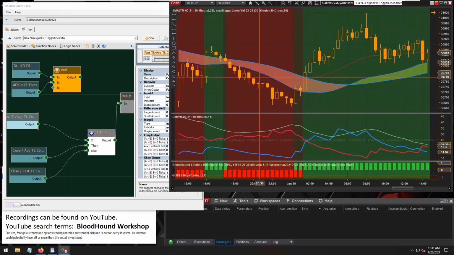Yeah, okay. So what I want to draw your attention to is when the close of the bar is inside of the trigger lines, we're getting a long and a short at the same time.